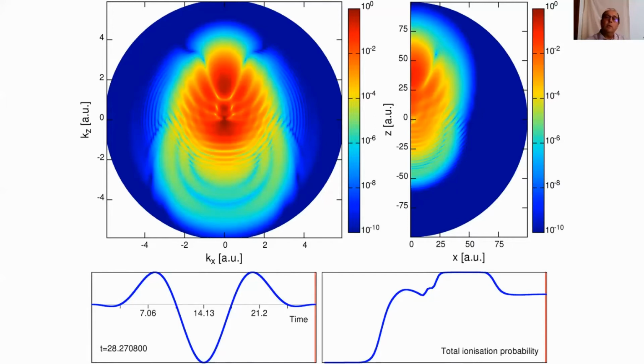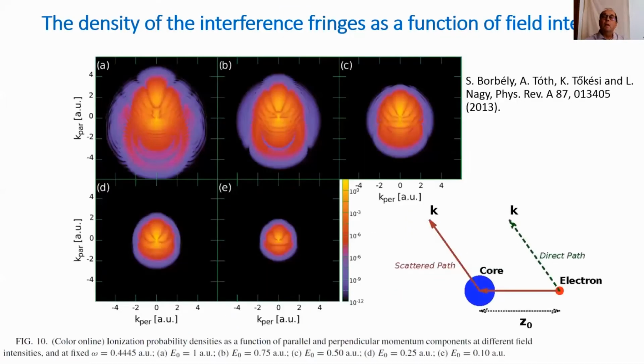We observe very nicely this spider-like hologram, which is more intense in the forward direction, so we mainly analyze the forward rescattering.